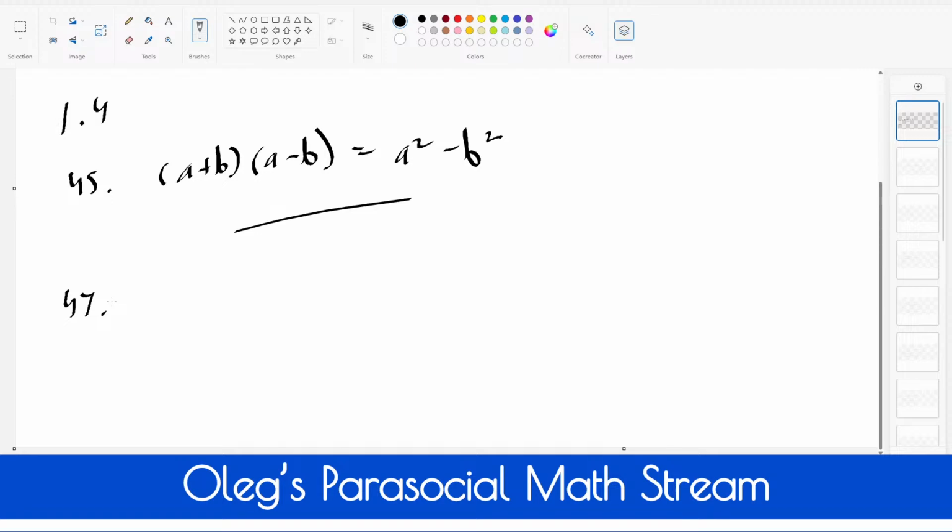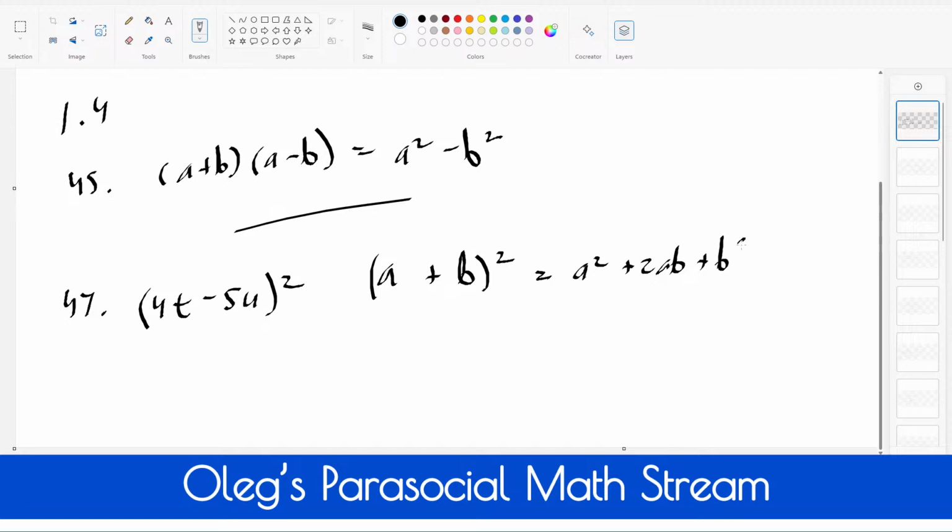Okay, 47. We have 4t minus 5u. Now, this is of the form a plus b squared, which is equal to this form right here, a squared plus 2ab plus b squared, and we have to assign it.